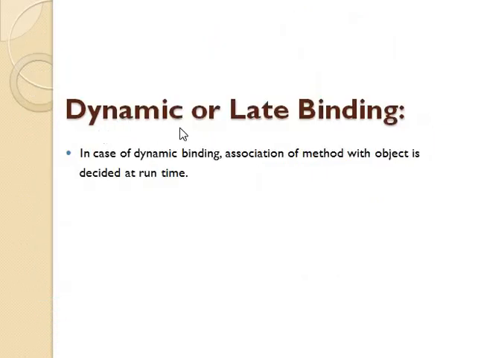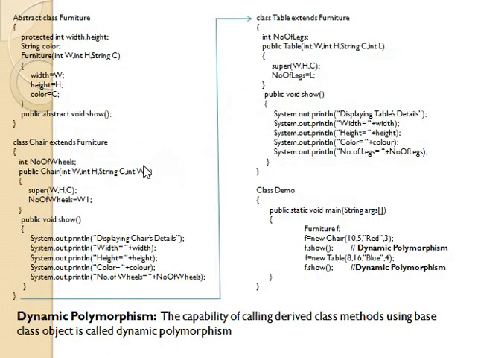Now let's come to the next topic, that is dynamic or the late binding. In case of dynamic binding, the association of method with the object is decided at the runtime. Now the runtime process takes place after the compilation process. That is, after the compiler checks every statement in the Java program for errors, and after the memory has been allocated for the data members to assign or hold values, the runtime process starts.